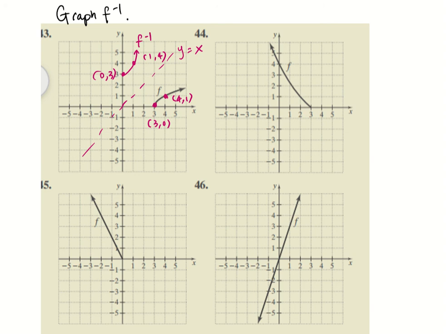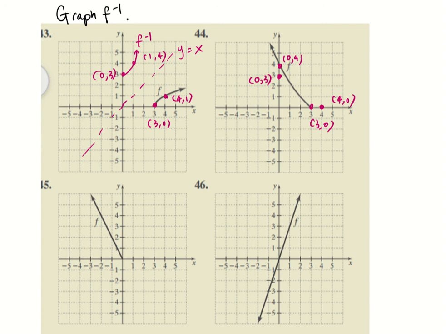Similar for number 44, the second graph. Since f passes 3, 0, and this point is 0, 4, the inverse of f should pass 0, 3, which is right here, and 4, 0, which is right here.